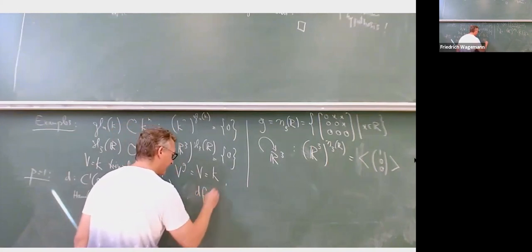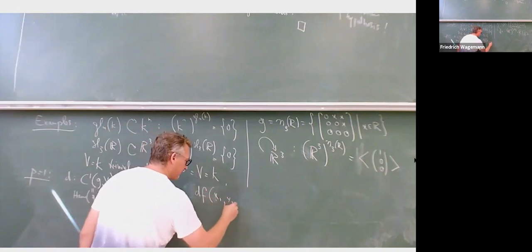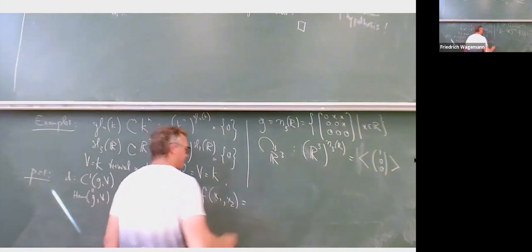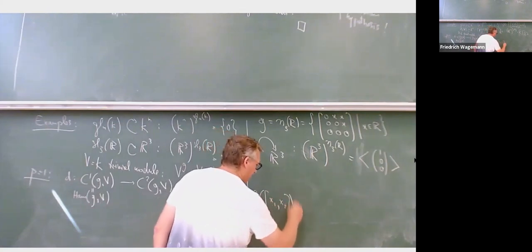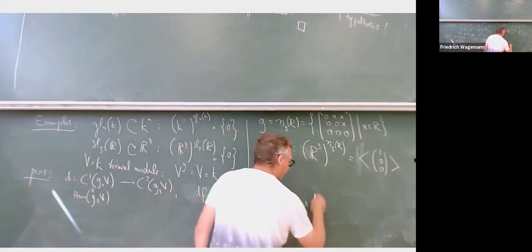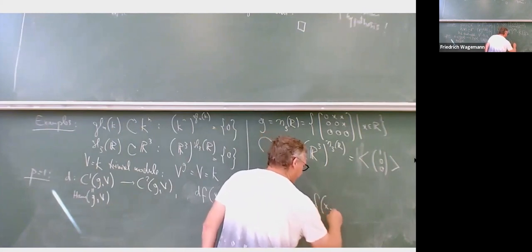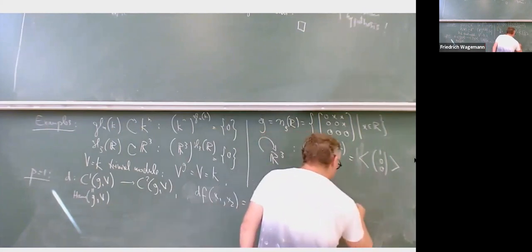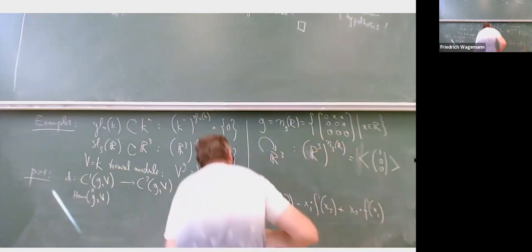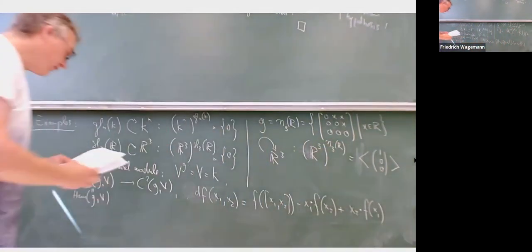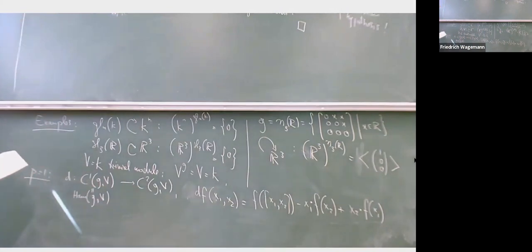And df is a two-cochain, which is f of the bracket minus x1 acting on f(x2) plus x2 acting on f(x1).